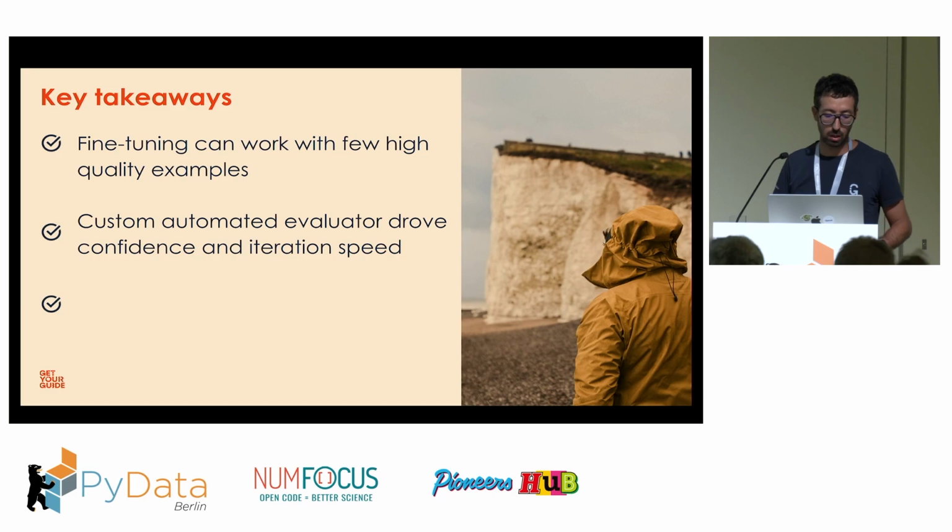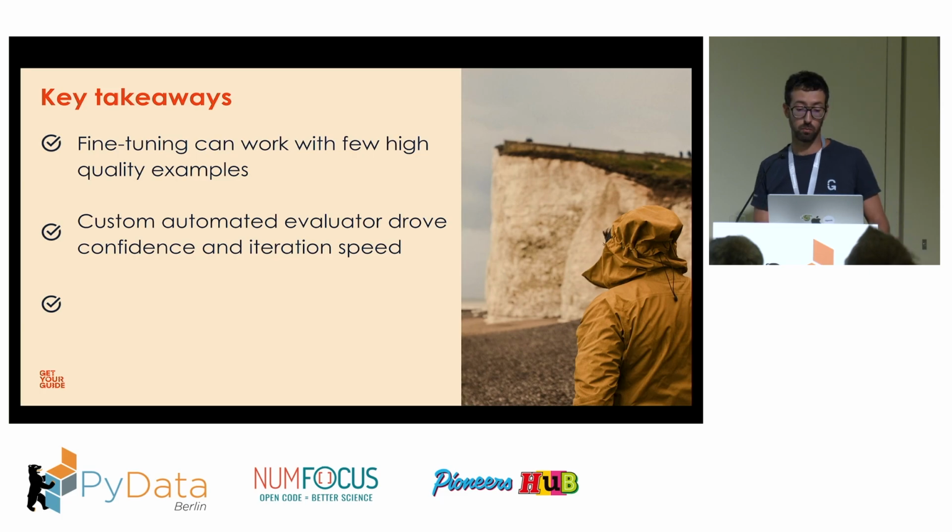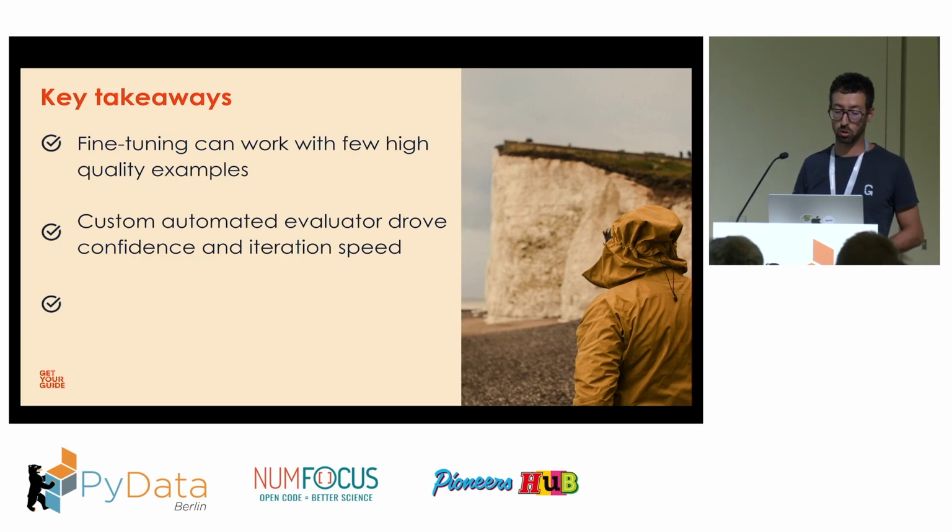The second takeaway is that having a custom automated evaluator really drove the confidence in our model and increased iteration speed. We started the project with a standard evaluator which OpenAI offered to track hallucination, but this didn't really work for our use case.